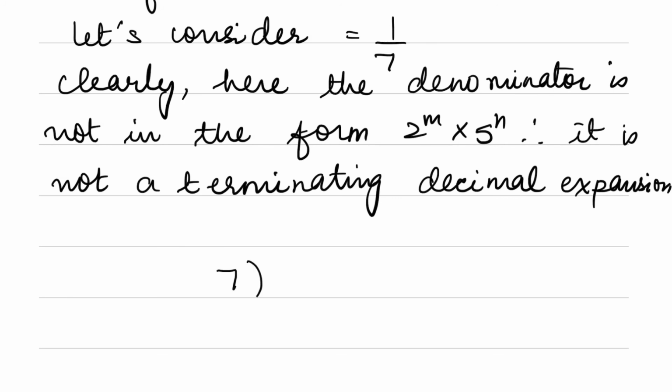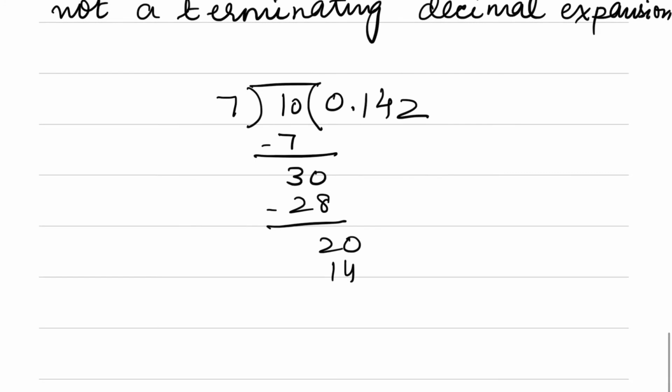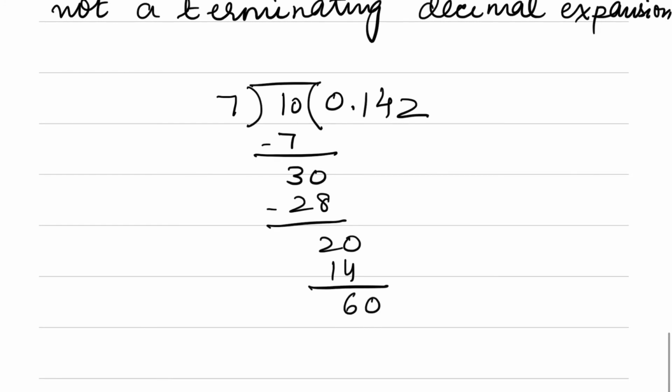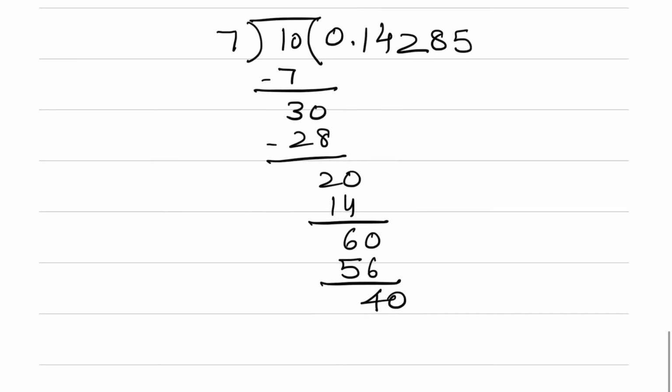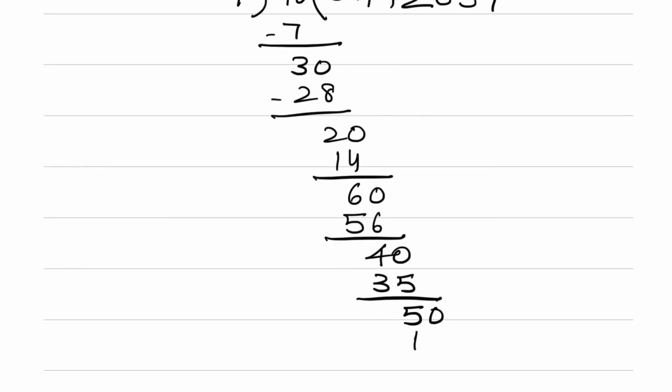Now let's divide 1 by 7. So we have 0 here, then the decimal point, so 0, 1 times 7, again 30, then 4 times 28, and we have 2, 7 2 times 14, 6, 0, then 8 times 56, then 40, then 5 times 35, 50, and 7 times 7, 49, and we get 10.